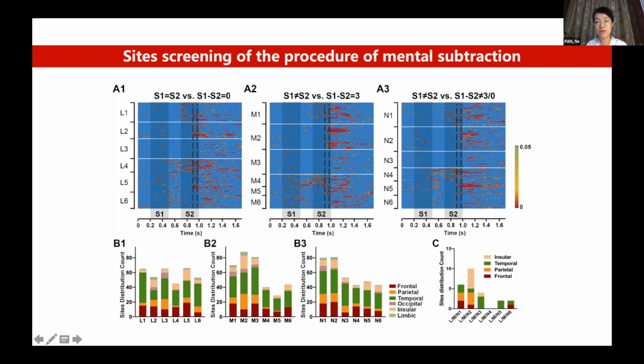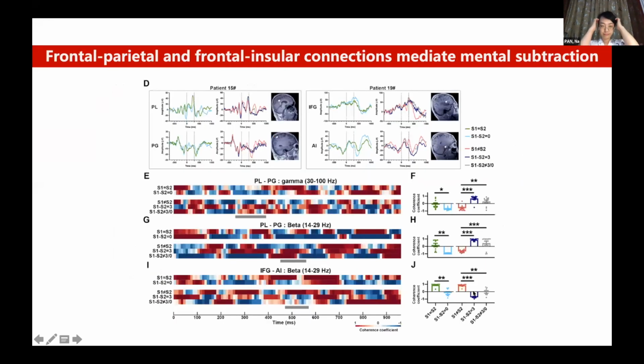In the third cluster, the difference occurred just after the S1 duration, and the common recording sites are located only in the temporal and insular parts. We also found common recording sites in two patients.